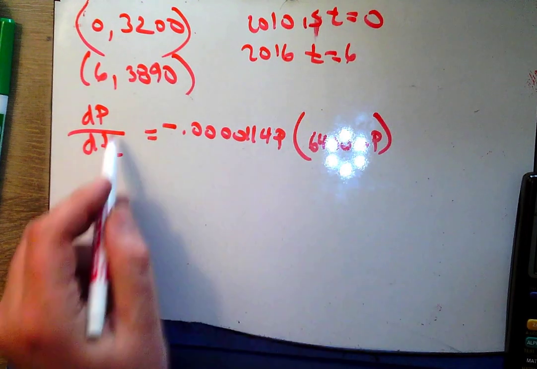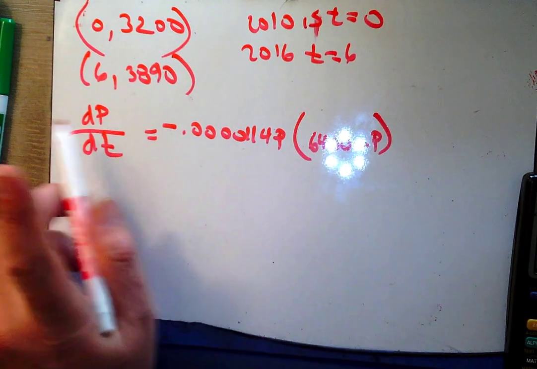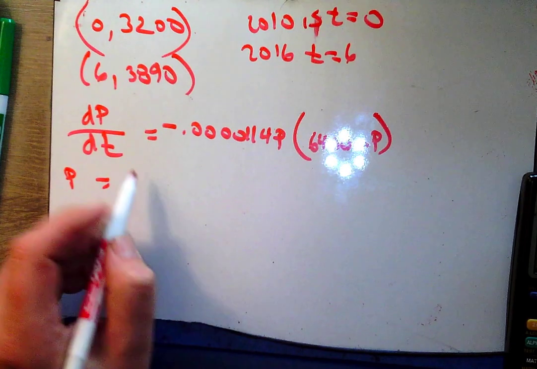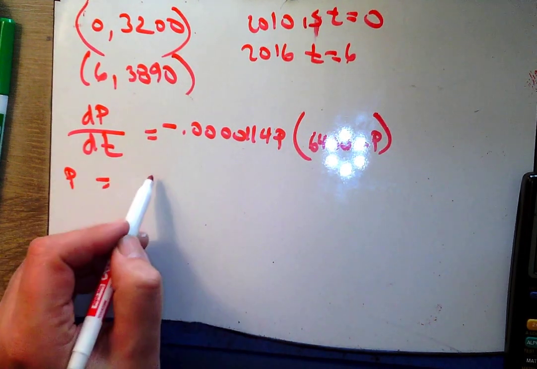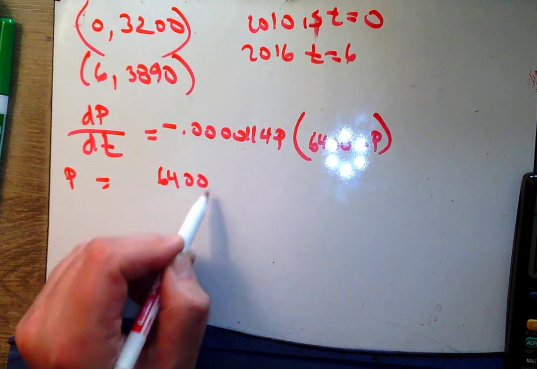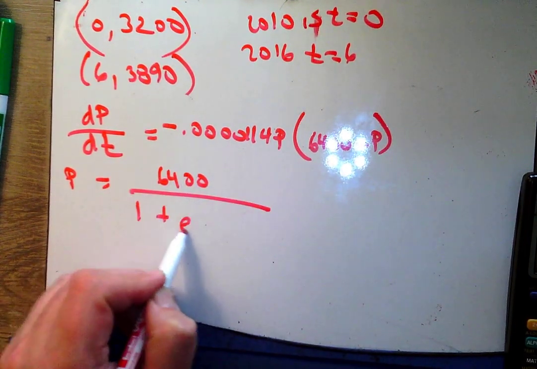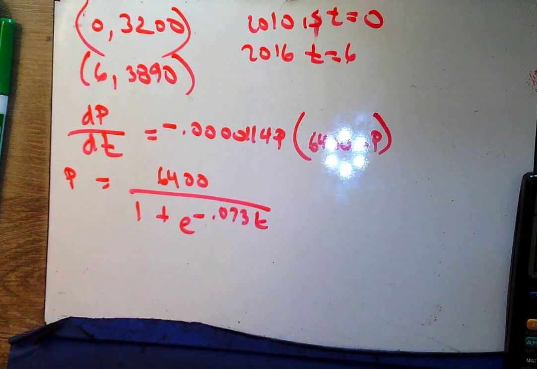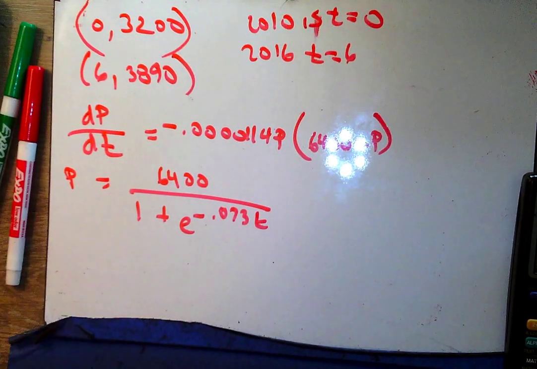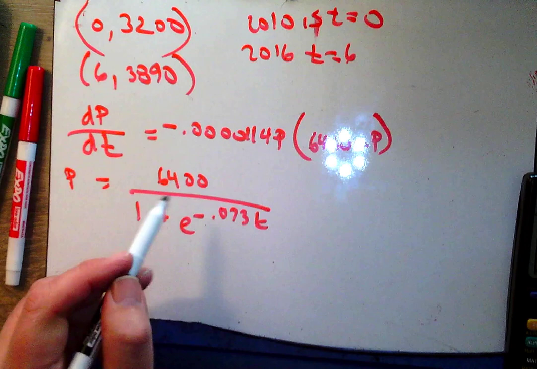And if we solve that differential equation, and no, I'm not asking you to, but I did, we end up with p of t is 6,400 over (1 plus e to the minus 0.073t). There's our logistic curve. Okay, what is the maximum estimated size of the tiger population according to this model?